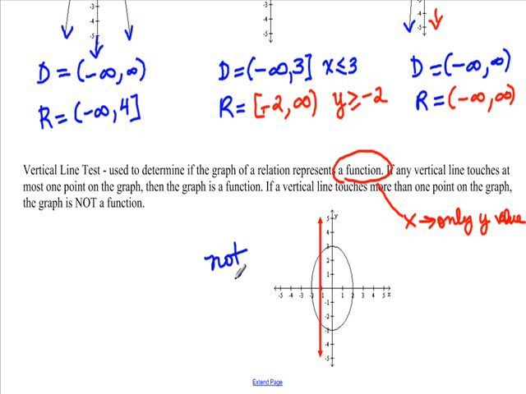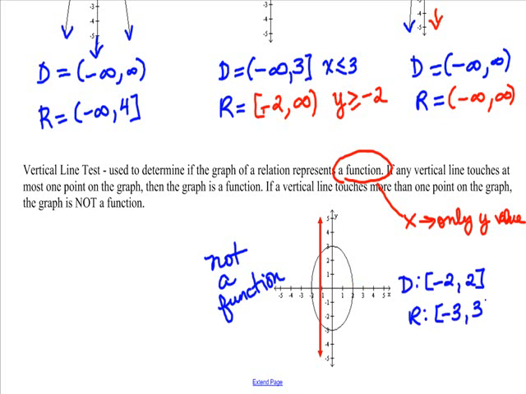I can still talk about the domain and range of a relation, if you will. The domain for this, as I go from left to right, would be from negative 2 to 2. And the range, going from bottom up, is from negative 3 to 3. So that concept still exists because there are still x and y values that we can talk about. But there is more than one y value for a particular x value.